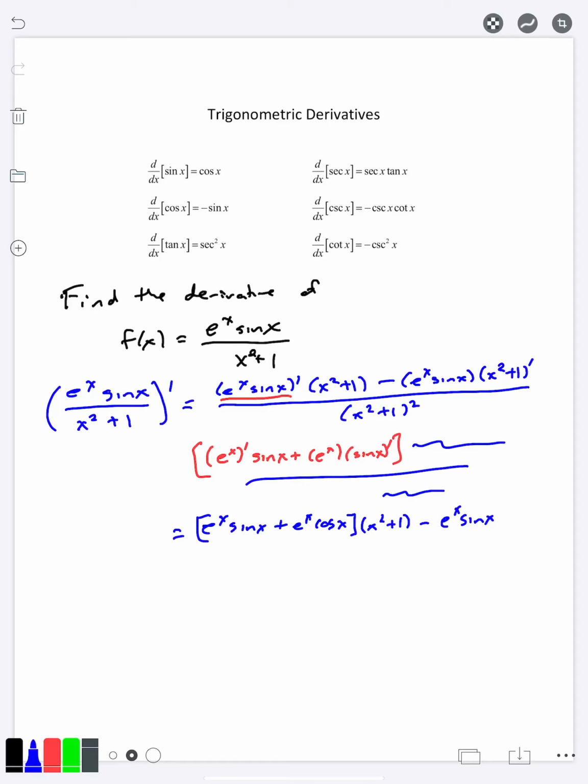And we have the derivative of x squared plus 1 is going to be 2x. And then we have all over x squared plus 1 squared. And again, you could try playing around with that. Maybe you could simplify something there. But it's definitely a mess, and it's not going to be great no matter what you do. So I'm fine with leaving it like that for now.